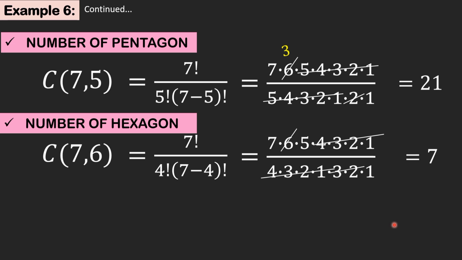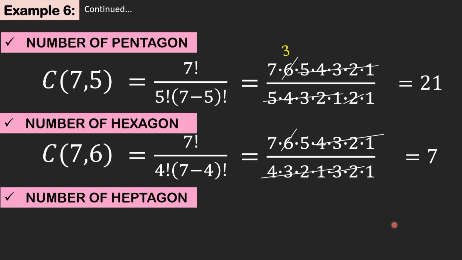Next is calculate the number of heptagons. A heptagon is formed by choosing 7 points out of the 7 given points. And the number of ways to choose 7 points out of the 7 is given by the combination of 7 taken all at a time.